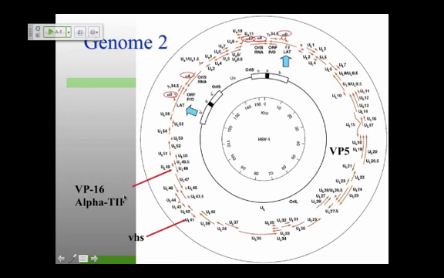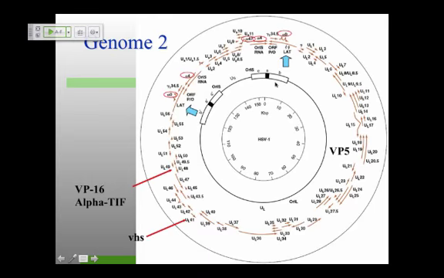We'll also talk about VP16, which is here in one of the large segments, and this VHS protein. Everything else you can basically ignore except for the blue arrows. The blue arrows represent the LAT, for latency transcripts, which we'll talk about really toward the end.